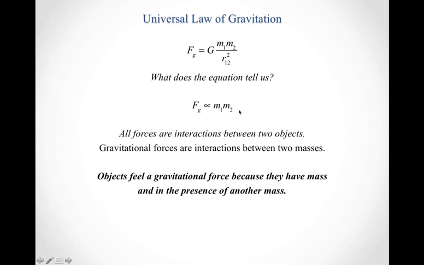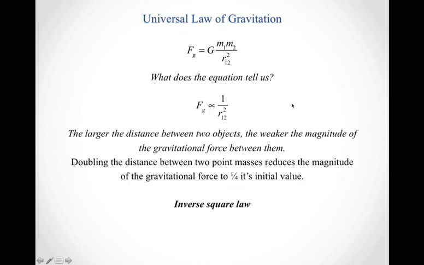This equation is simply emphasizing that gravitational forces are interactions between two masses. You need both of those masses in your equation. So an object feels a gravitational force because it has mass and is in the presence of another mass. That's the interaction between two masses.